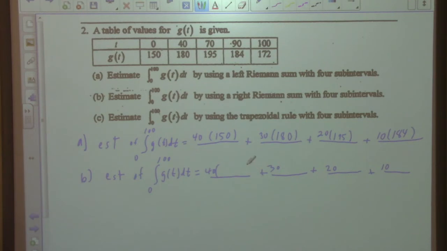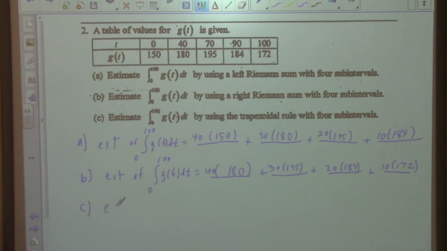And then we use the right one here: 180, 195, 184, 172. I guess it's hard because we're increasing here and decreasing here, so it's hard to tell exactly what's your better value.